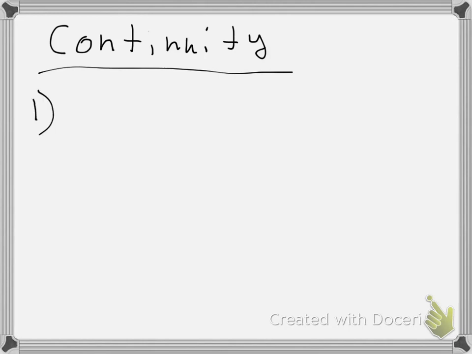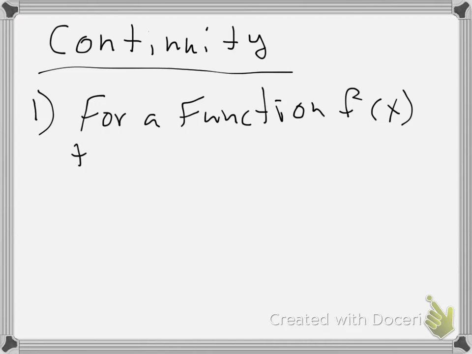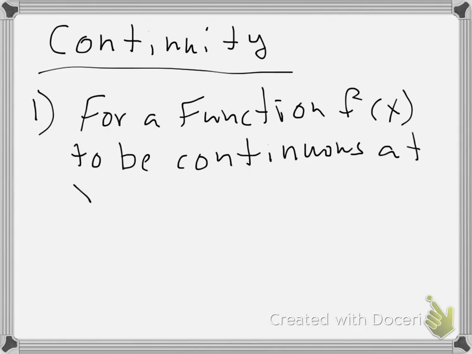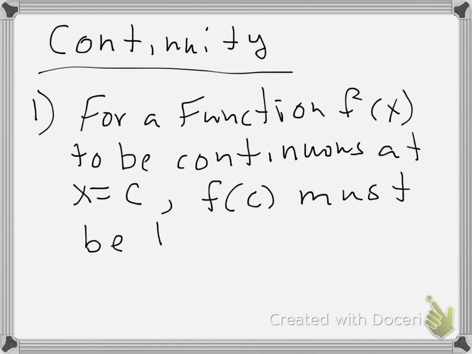That first criteria is that, for a function f of x to be continuous at x equals c, f of c must be defined. In other words, it has to exist.